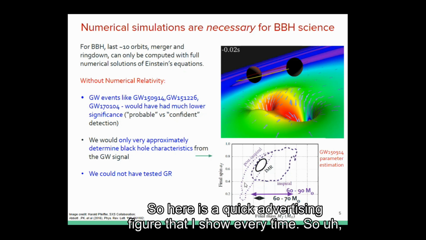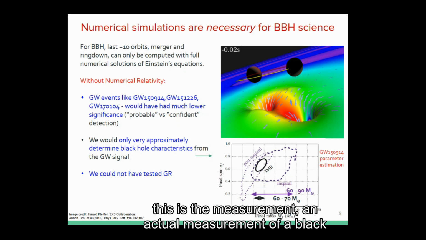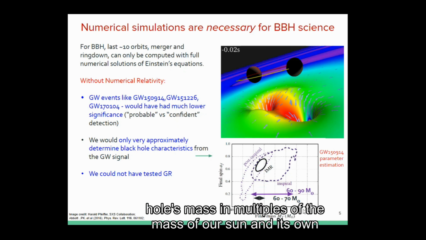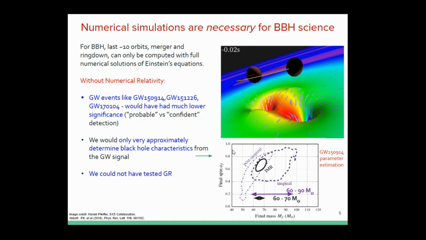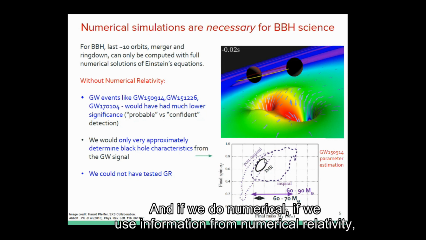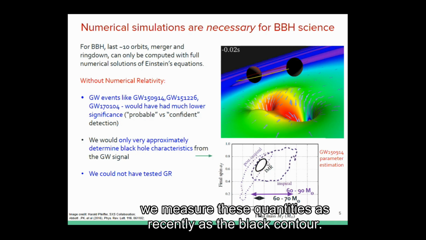Here is a quick advertising figure that I show everyone. This is an actual measurement of a black hole's mass in multiples of the mass of our sun and its spin angular momentum in some dimensionless units. If we use information from numerical relativity, we measure these quantities as precisely as the solid contours show.